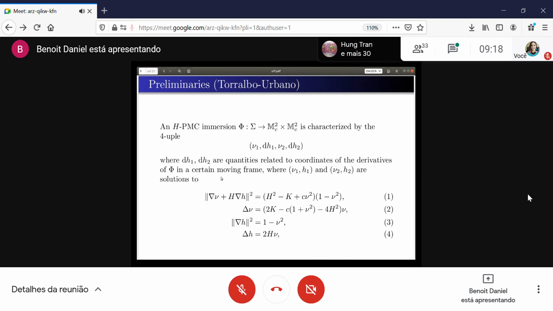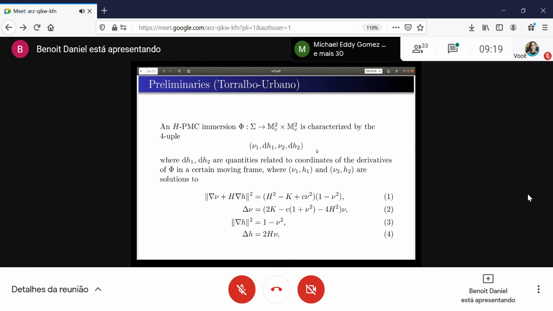These dH₁, dH₂ appear when we compute the derivatives of φ and express them in a certain moving frame. Some of the coordinates in the moving frame equations are related to these quantities, so you have to think of dH₁ and dH₂ as things related to the derivatives of φ.